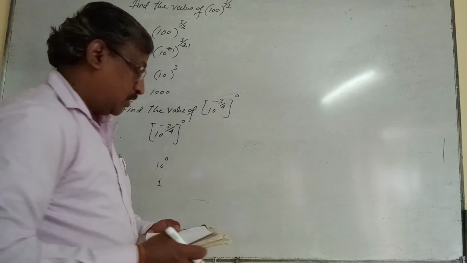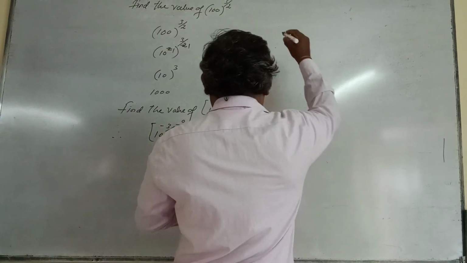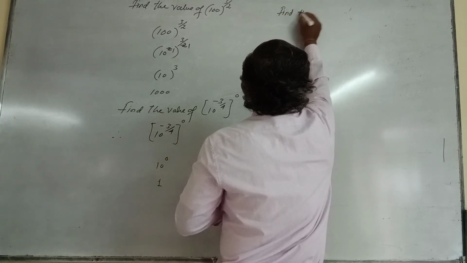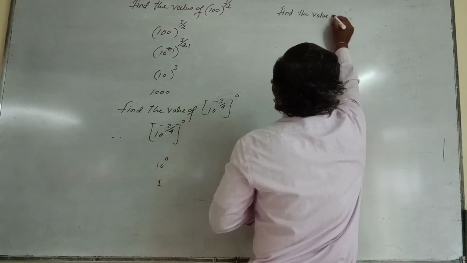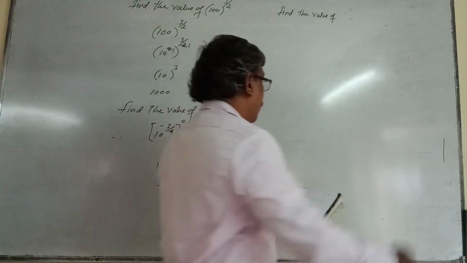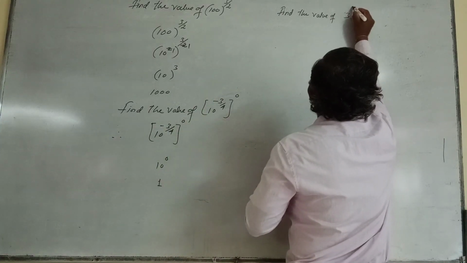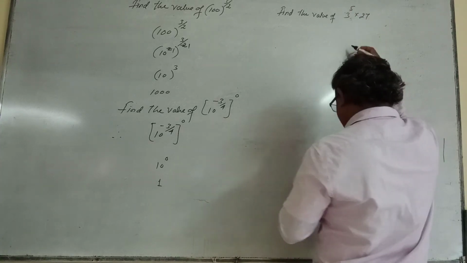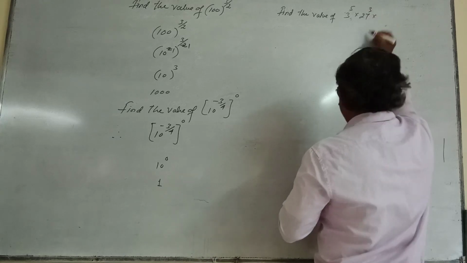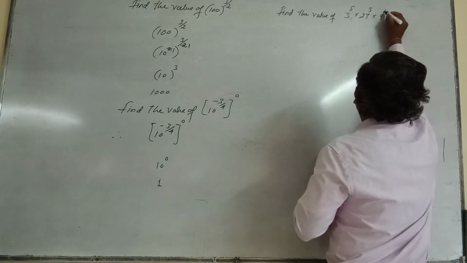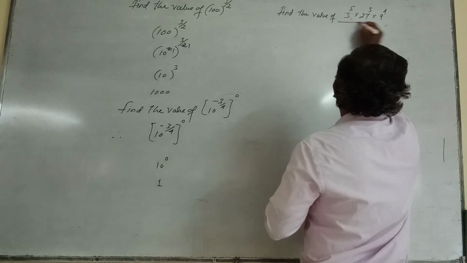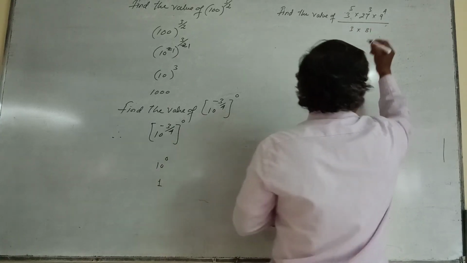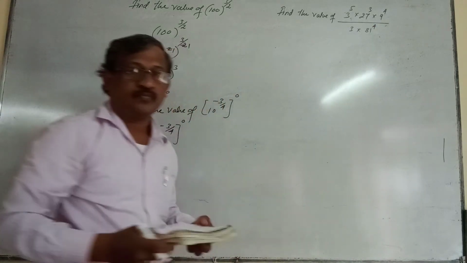I'll take the next sum. Find the value of 3 raised to 5 multiplied by 27 raised to 3 multiplied by 9 raised to 4, this whole divided by 3 into 81 raised to 4.